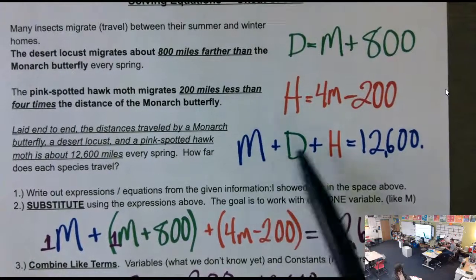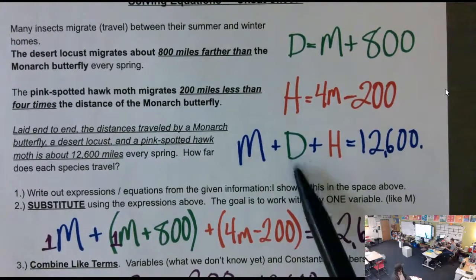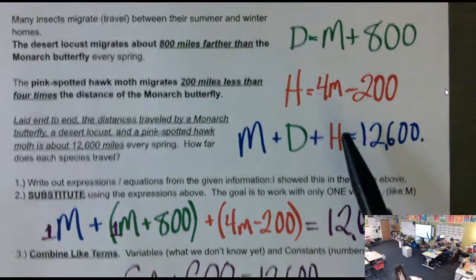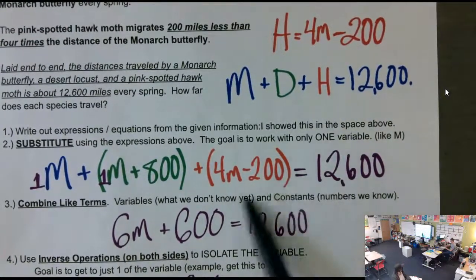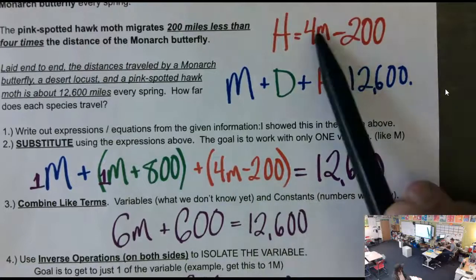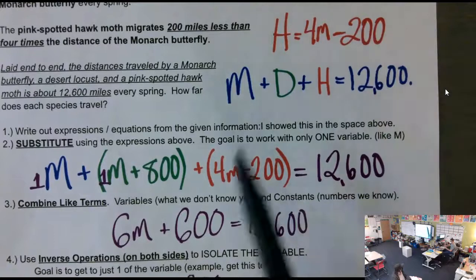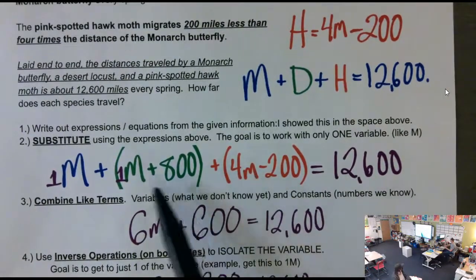So I really like the fact that we chose H. And then we said the desert locust, the monarch, and the hawk moth were 12,600. Notice how I keep the color red for the hawk moth, but this was when we substituted the expression that we had already written down so that we switched to using the variable M. Same thing with our desert locust.